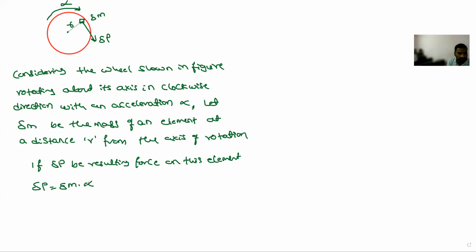See, don't take alpha, that is the angular acceleration. I will take it in terms of linear acceleration. In linear acceleration, force is equal to mass into acceleration A. Now you can convert linear acceleration into angular acceleration. How to convert? A is the tangential acceleration.